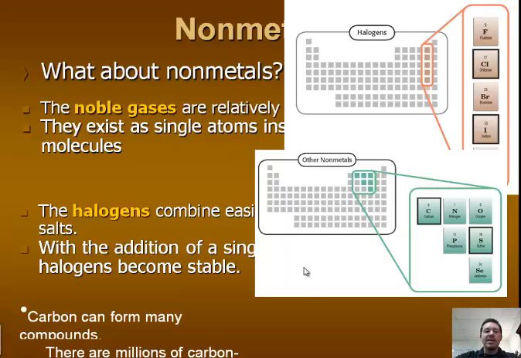And then finally, carbon can form many compounds. And there's millions of carbon-containing compounds. There's a whole branch of chemistry that's just devoted to carbon-containing compounds. It's referred to as organic chemistry. It gets pretty complex, but it's very essential.